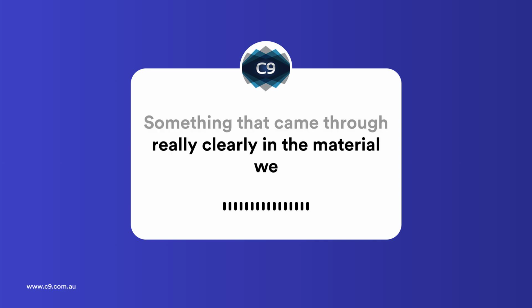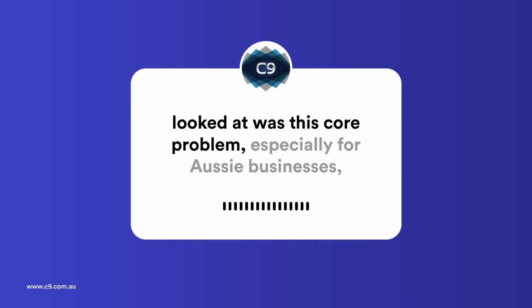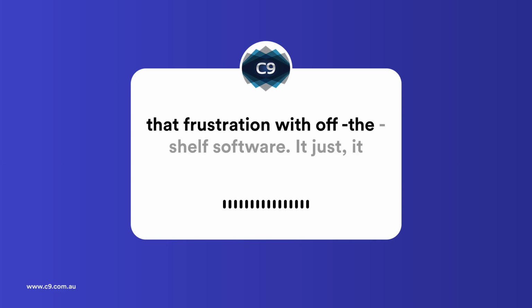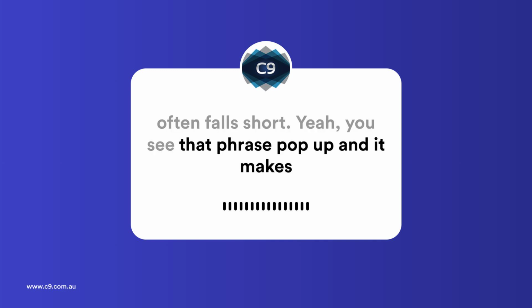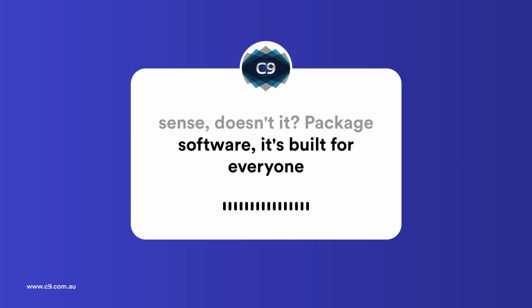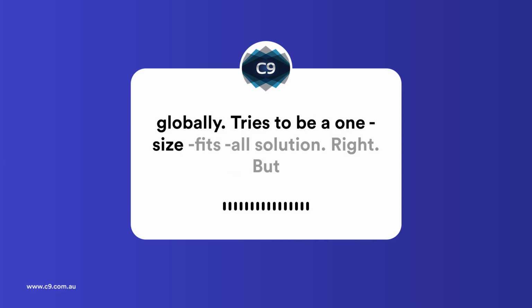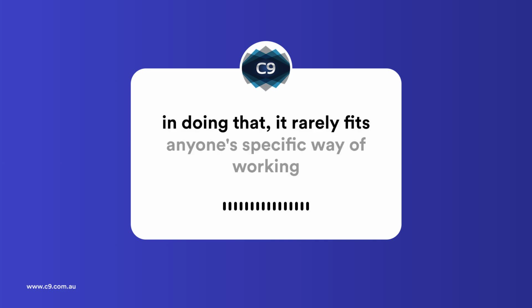Something that came through really clearly in the material was this core problem, especially for Aussie businesses: that frustration with off-the-shelf software. It often falls short. Yeah, you see that phrase pop up. And it makes sense, doesn't it? Packaged software is built for everyone, globally. It tries to be a one-size-fits-all solution. Right. But in doing that, it rarely fits anyone's specific way of working perfectly.